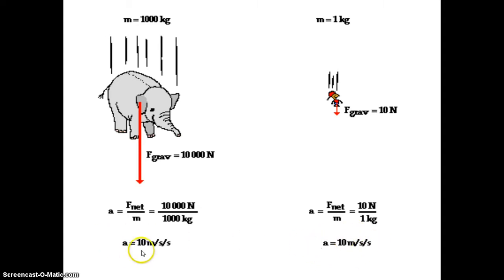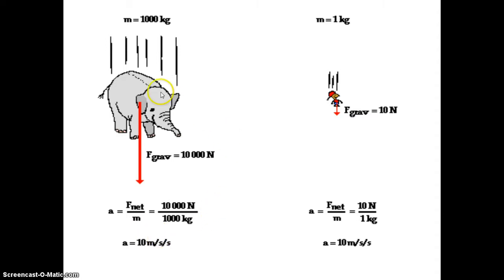The accelerations are constant. That is to say that both of these objects will fall at the same rate. And what I mean by rate is they will fall at the same acceleration rate of 10 meters per second squared.